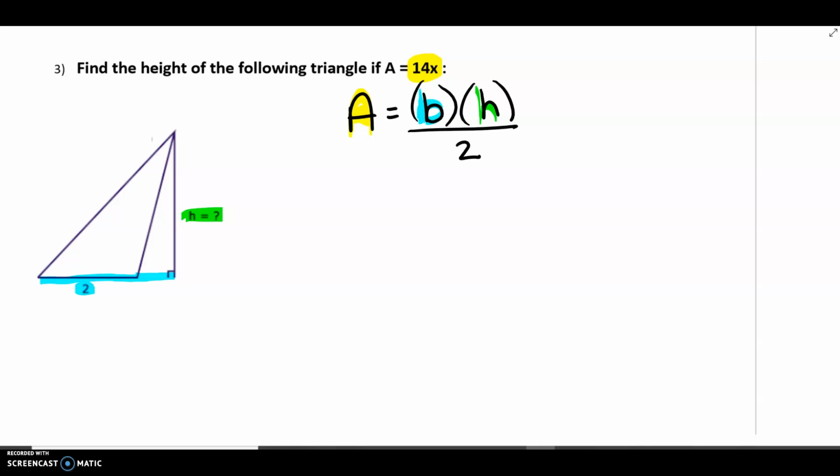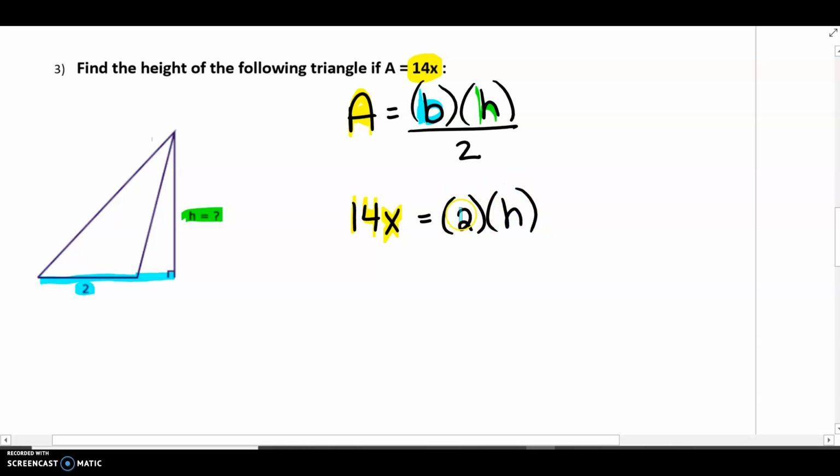Plug in what you know. My area is 14x. That's going to be equal to the base of 2 times my height of whatever it might be, h. That's what we're looking for. And that's divided by 2. In order to solve for h, I want h by itself.